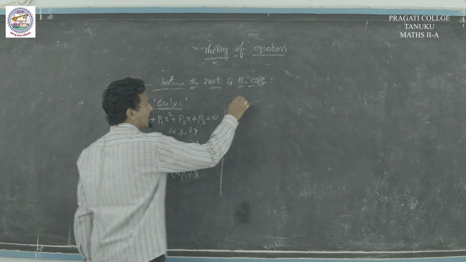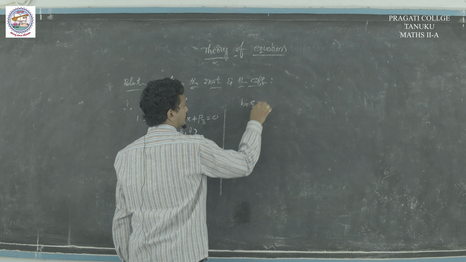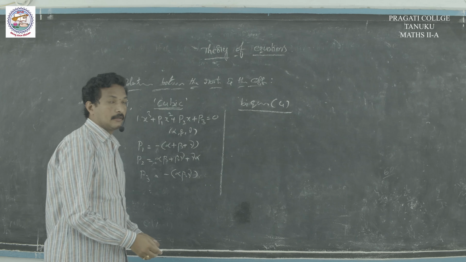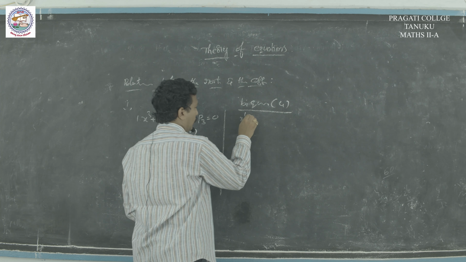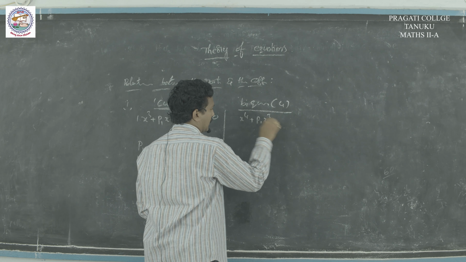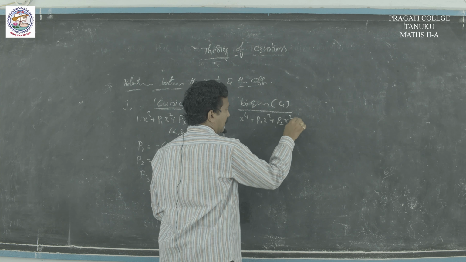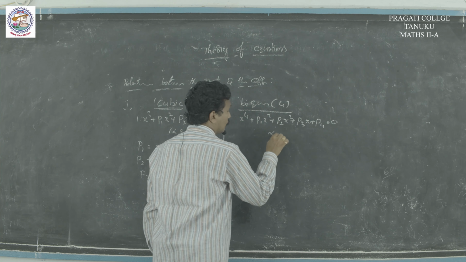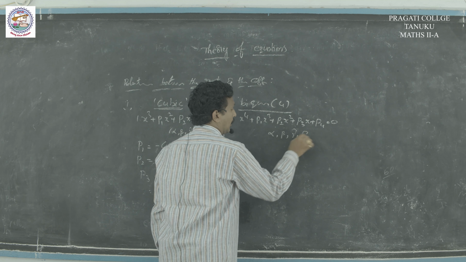In this way, biquadratic, that means degree 4: x power 4 plus p1 x cube plus p2 x square plus p3 x plus p4 is equal to 0, whose roots are alpha, beta, gamma, delta.